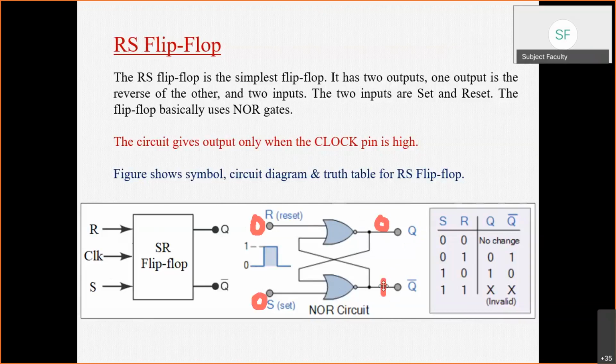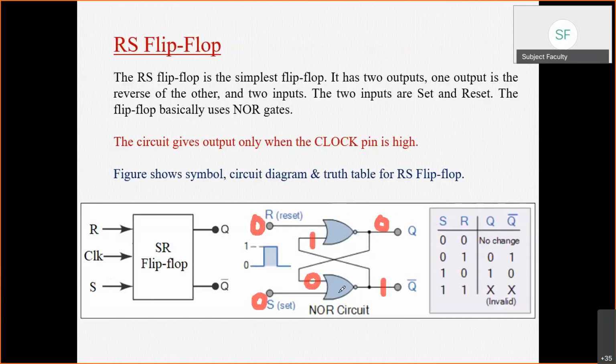Now this 1 will be propagated through here, and this 0 will be propagated here due to the connection. So now here you can observe for inputs 0, 1, what will be the value for the NOR gate? The value will be 0 itself, because as soon as one input is 1, the output will be 0.